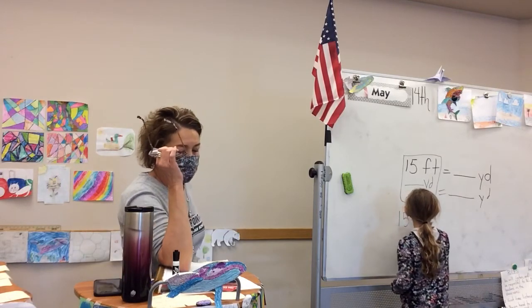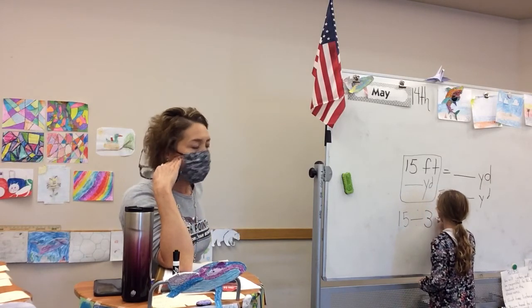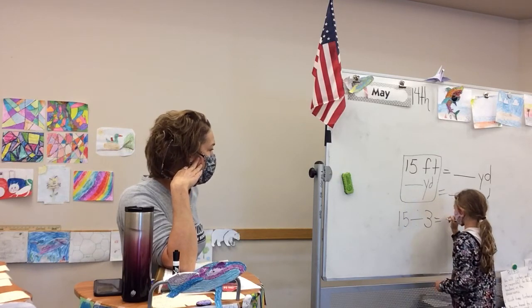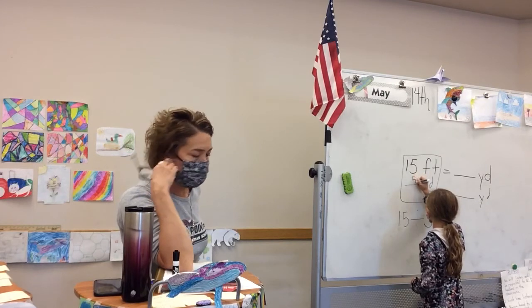You are correct. Is she going from small to large or large to small? Small to large, so she is dividing. Very good. Now she's going to do it in the box. Very good, sweetie.